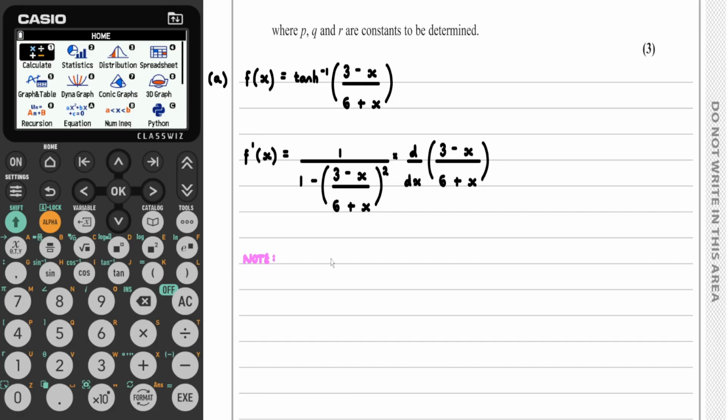Now, if we think about the derivative of (3 subtract x) over (6 plus x), we can work this out using the quotient rule.